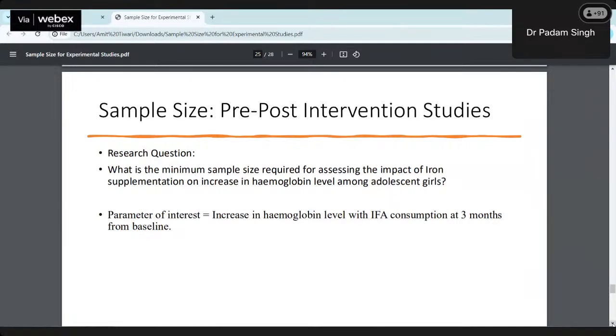Okay? With IFA supplementation. IFA supplementation is the intervention. With that intervention, hemoglobin level में कितना increase हुआ? That is the outcome parameter. And we have to define the period. कितने में period के बाद? Supposing 3 months. After 3 months of IFA consumption, if we have to see the increase, with that assumed increase, हम चाहते हैं कि भाई 1 unit का increase होना चाहिए. And okay, in the hemoglobin level. Next, please.